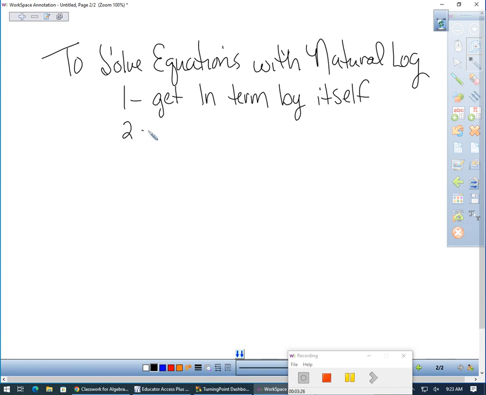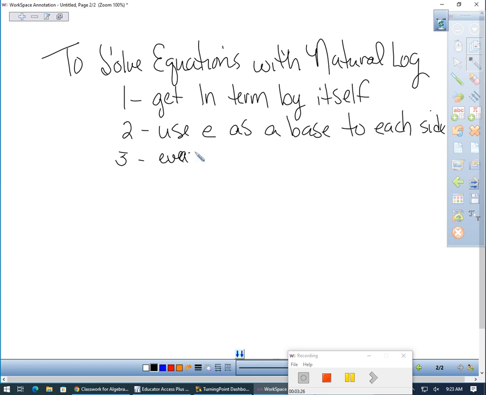Step 2, use e as a base to each side. Step 3, evaluate the right. And then step 4, I want you to solve for x.